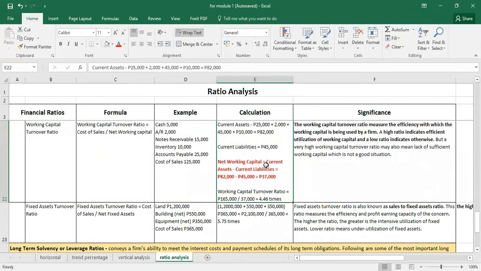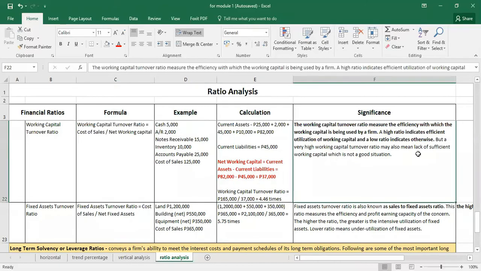Ang net working capital is computed by subtracting the current liabilities from the current assets. So, sinasubtract lang natin siya, then i-divide natin ng cost of sales or cost of goods sold divided by our net working capital.